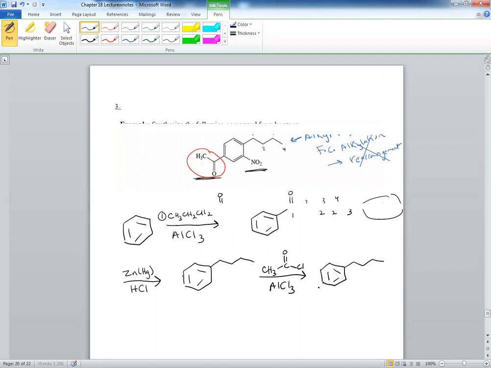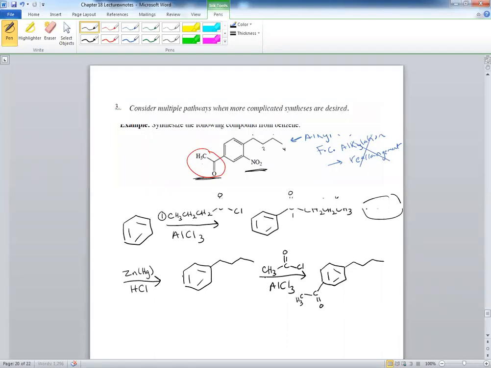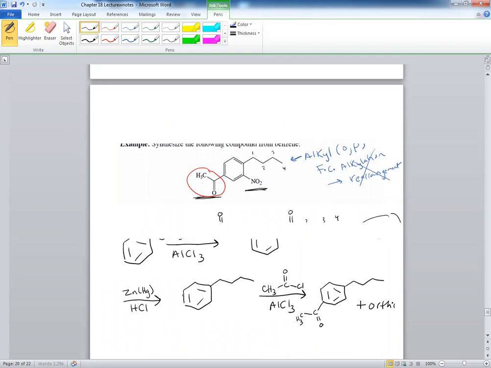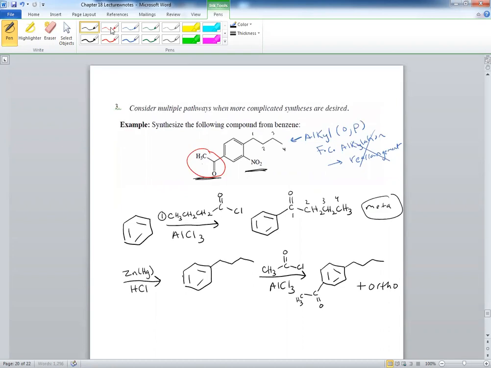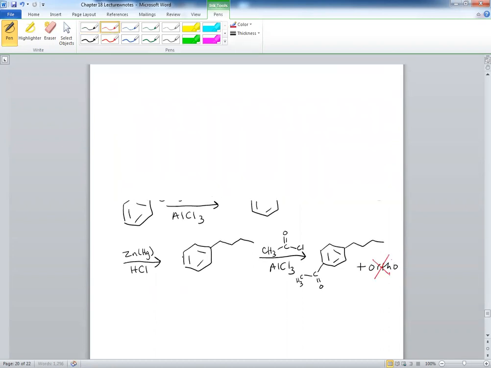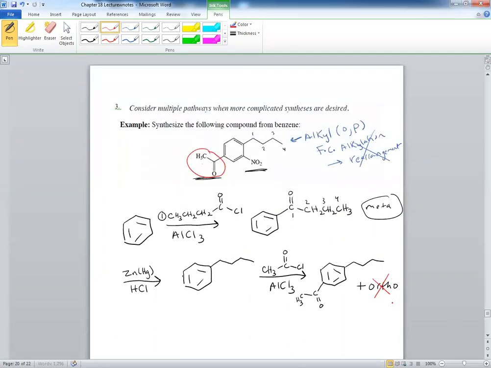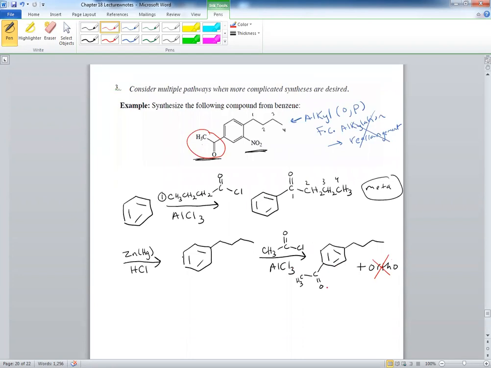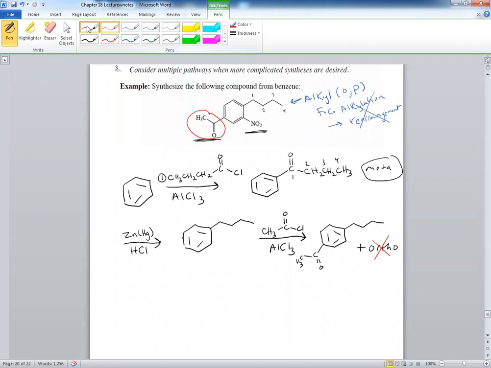And here it is. I'm going to put the methyl right there. Now, you might say, I thought this was ortho-para, so you will yield ortho. That's correct. There's no way of avoiding it. So you will get the ortho product, but we will choose to isolate it and just get rid of it and focus on the para product. Yes, feel free to do that. That is acceptable. Then finally, we can add the nitro group.